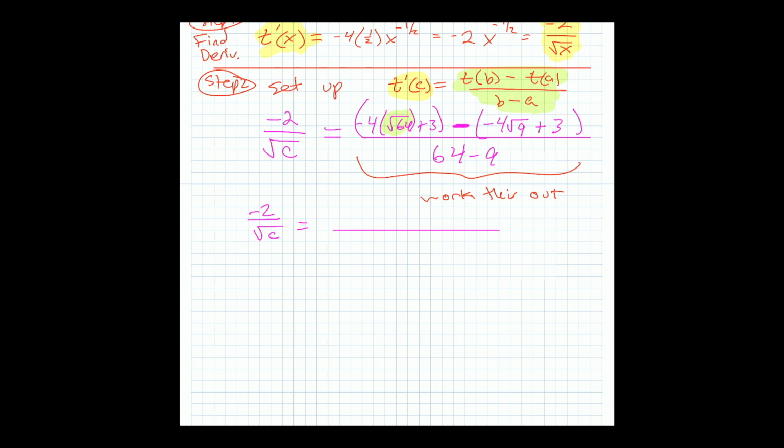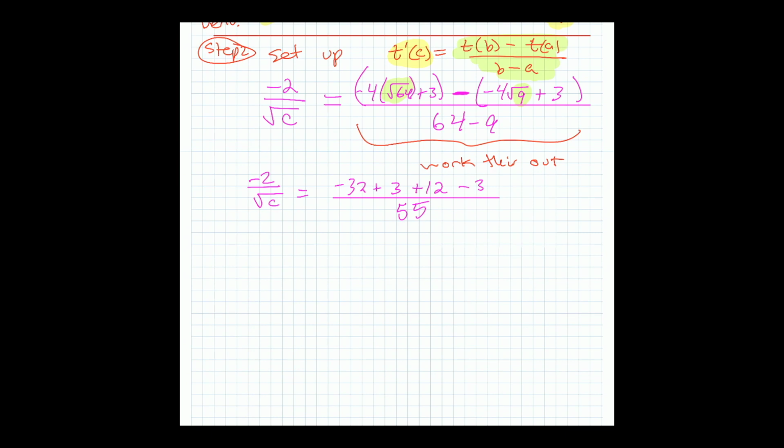So negative 4 times 8 is negative 32, so you have negative 32 plus 3. And then you've got your square root 9, so that's 3. 3 times 4 is 12, minus a minus, so that's plus 12. And then minus 3. Over 64 minus 9. 64 minus 9 is 55, right? Yeah.